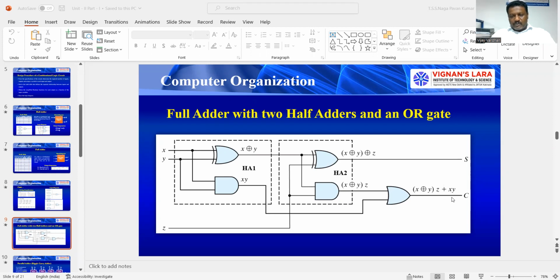This OR gate produces the final carry output. So one input of this OR gate is XY, and the other input is X exclusive ORed with Y, dot Z. So this is a simple full adder implementation using two half adders and an OR gate.